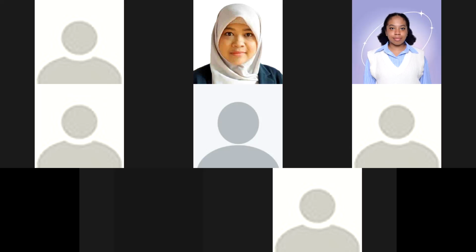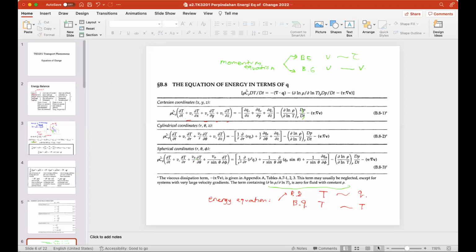It is all about the possibility, Kevin. So if you don't have velocity, then you don't have the kinetic energy. Okay, because we're thinking about a fluid, and if the fluid has a velocity, then it will have energy.